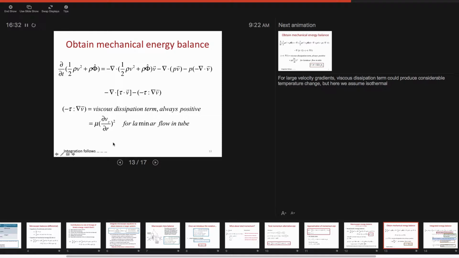So this is the so-called friction loss or viscous dissipation term. It's always positive. You're always at a loss. So it is estimated for laminar flow in a tube, which we rarely have, but this is still a useful equation to use. It's mu (dvz/dr) squared if I have, again, flow in a tube.